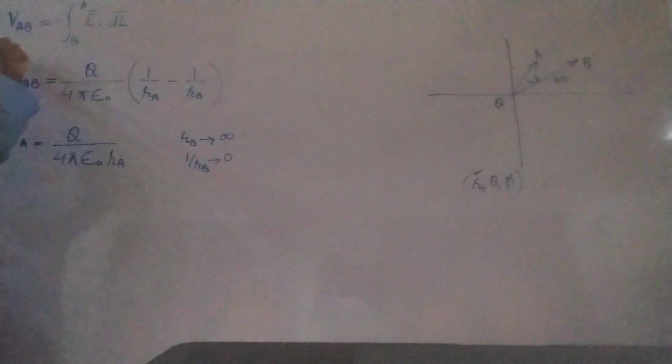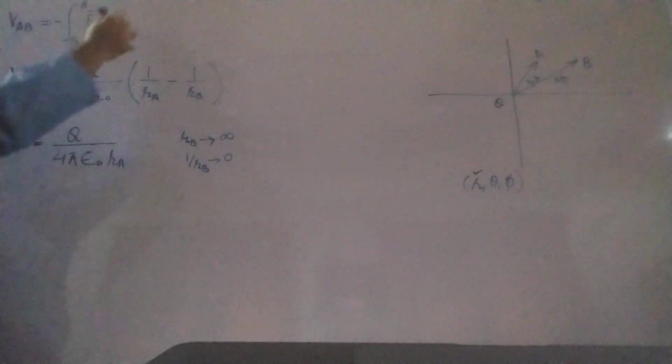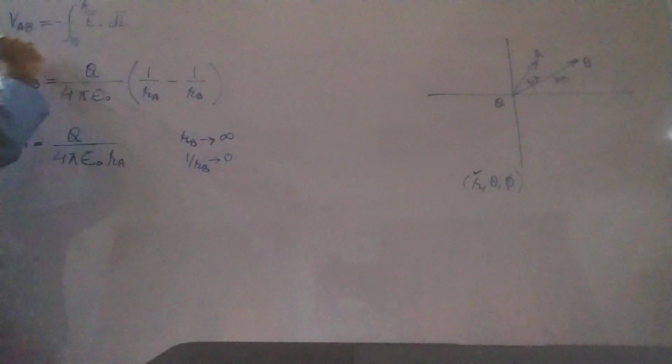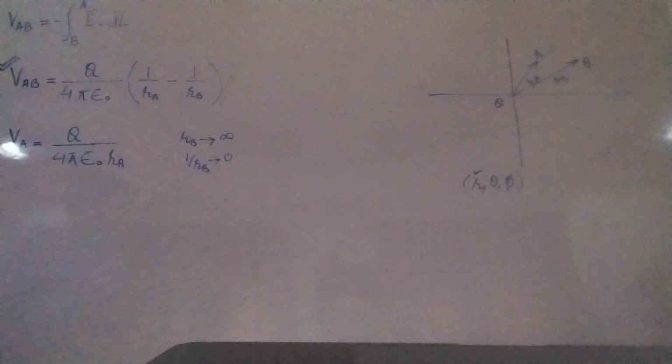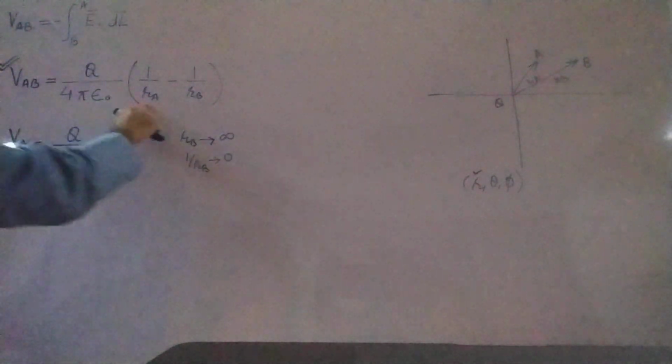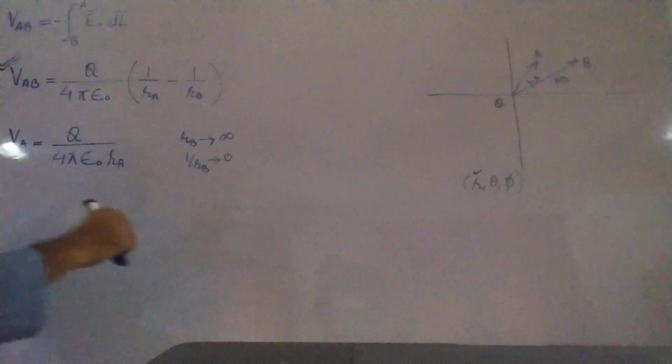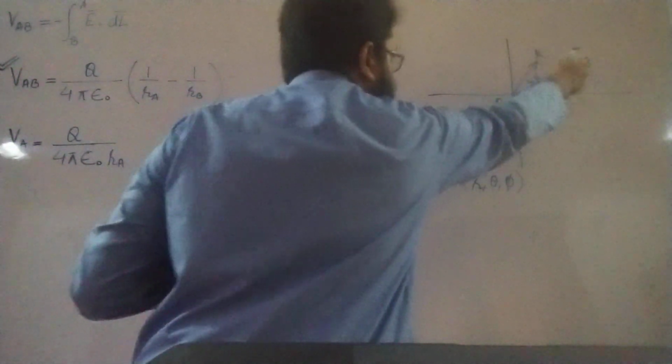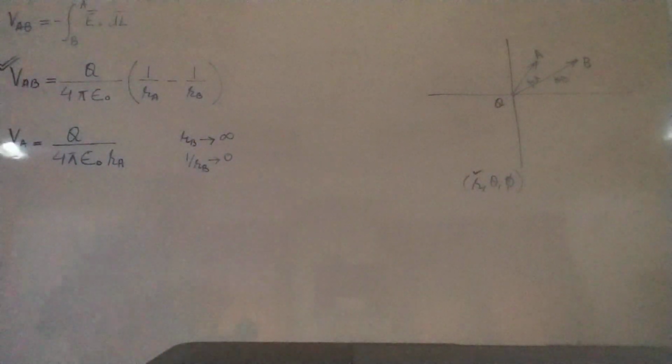Then the potential difference formula can be converted to this relatively simple formula, where there is no integration involved, where RA and RB are nothing but the radii of the spheres over which the field points A and B are located respectively.